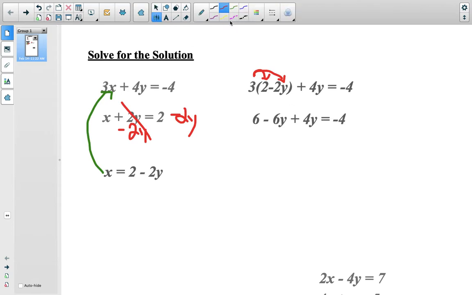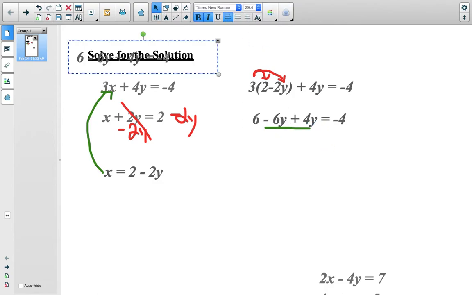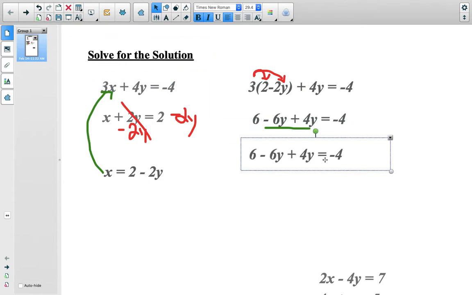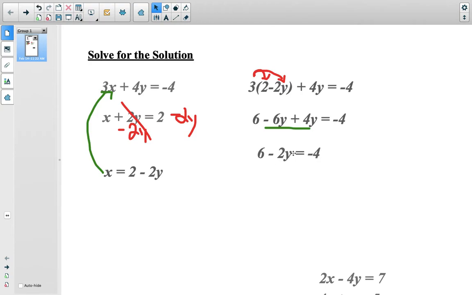Now you can hopefully see that we have some like terms here: negative 6y and plus 4y. When I combine those like terms, I get negative 2y, so 6 minus 2y equals negative 4.